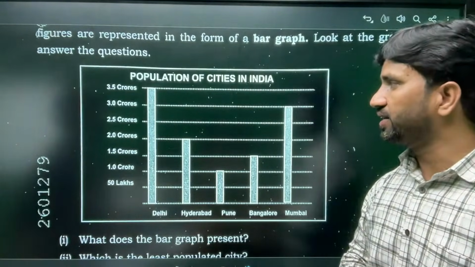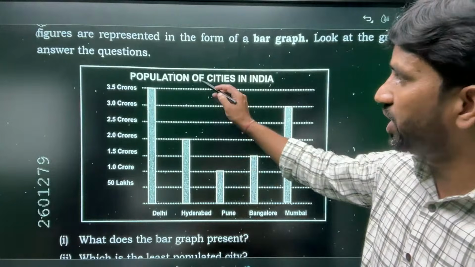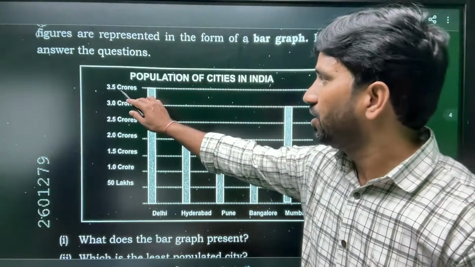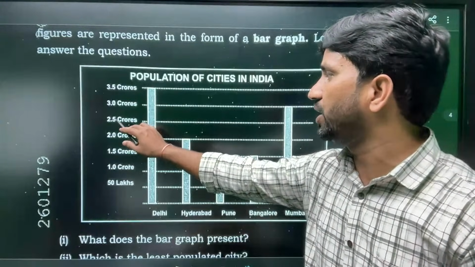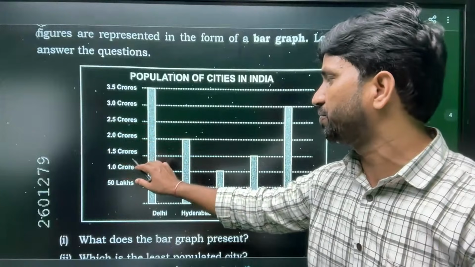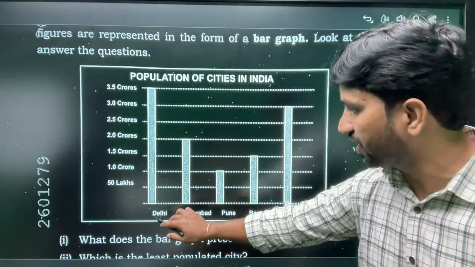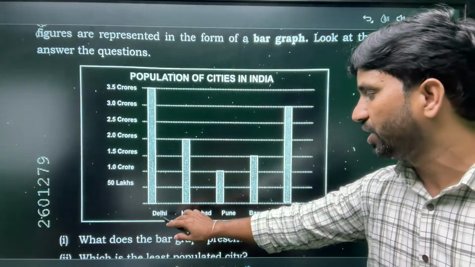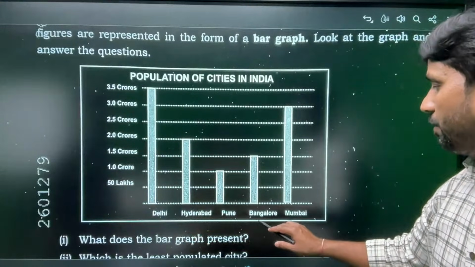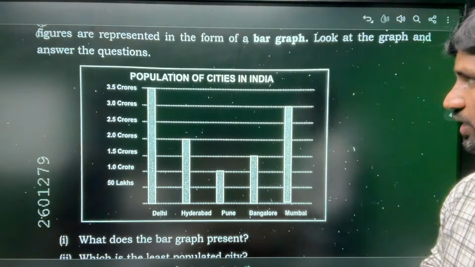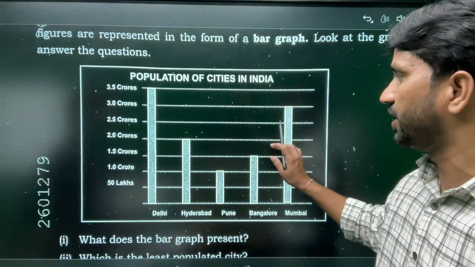How do we write the non-verbal data? Read whatever they have given: 3.5 crores, 3 crores, 2.5 crores, 2 crores, 1.5 crores, 1 crore and 50 lakhs. The details given are the cities Delhi, Hyderabad, Pune, Bangalore and Mumbai, and their population in India.